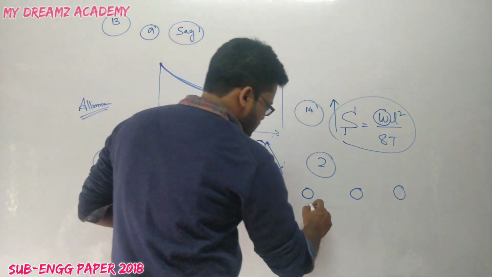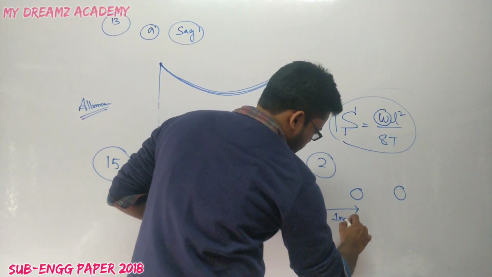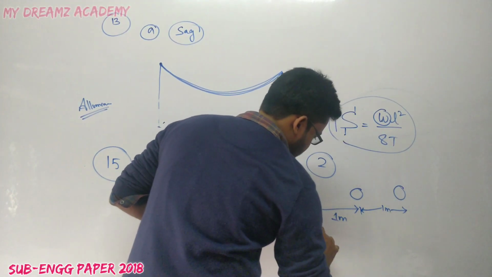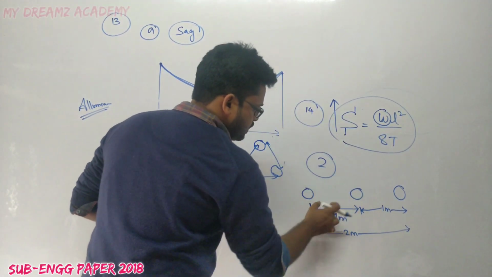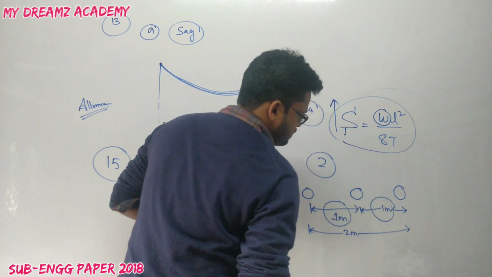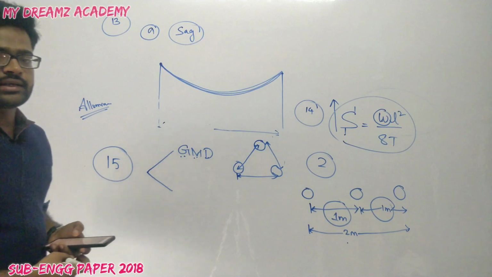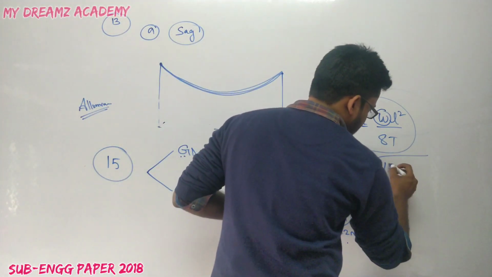Let us consider the distance between these two is 1 meter, between these two is 1 meter, and between these two is 2 meters. It will not be the same for all the conductors, so the GMD value is the cube root of 1 into 1 into 2.